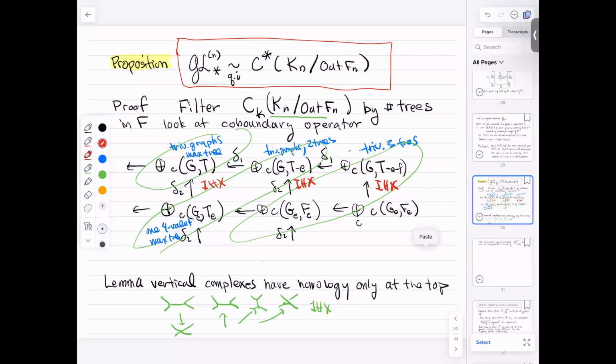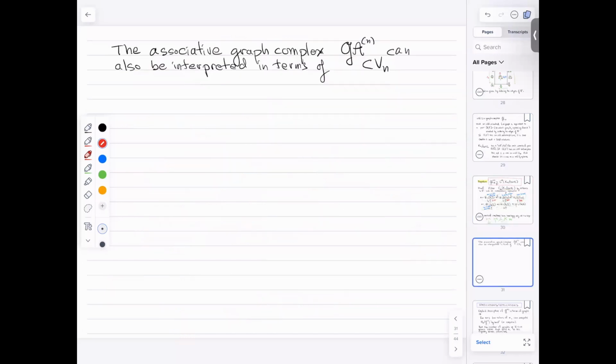Okay. I was going to talk about the associative graph complex. So far I really want to talk about the commutative graph complex and the Lie graph complex. There's also an associative graph complex, and it can also be interpreted in terms of outer space.